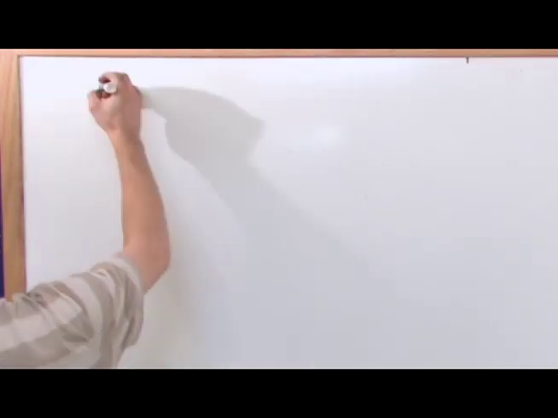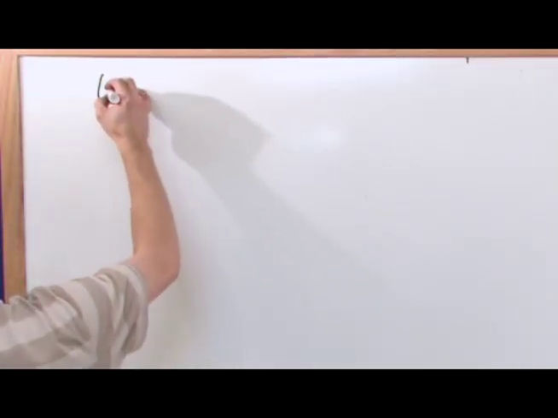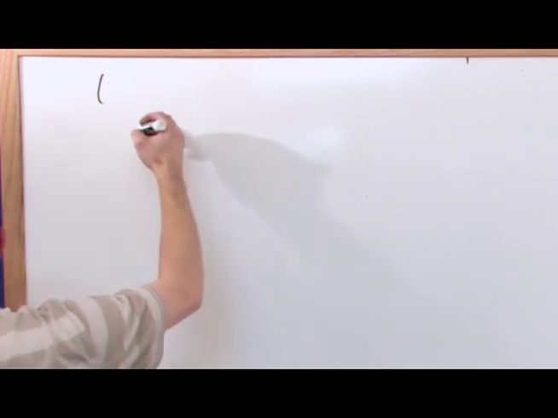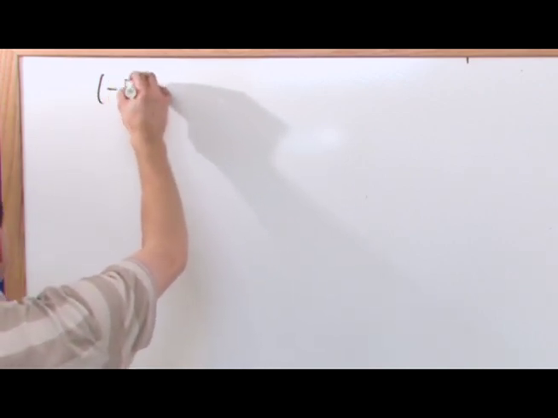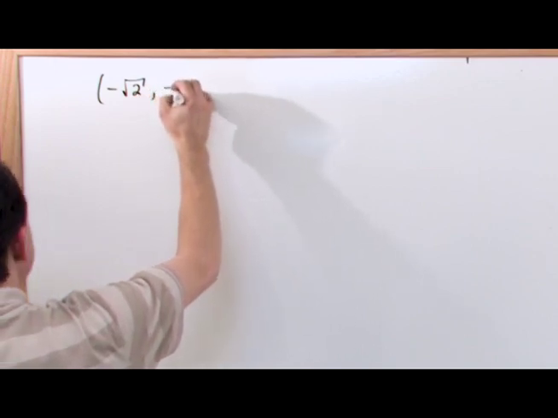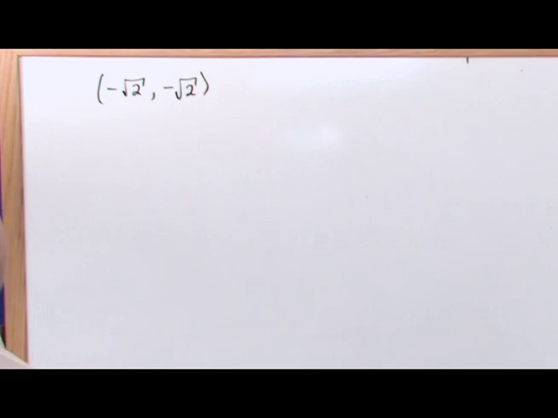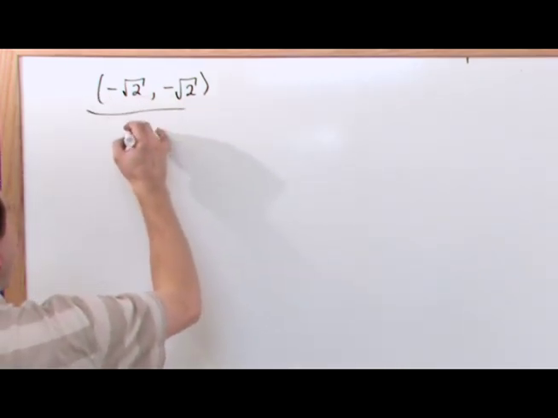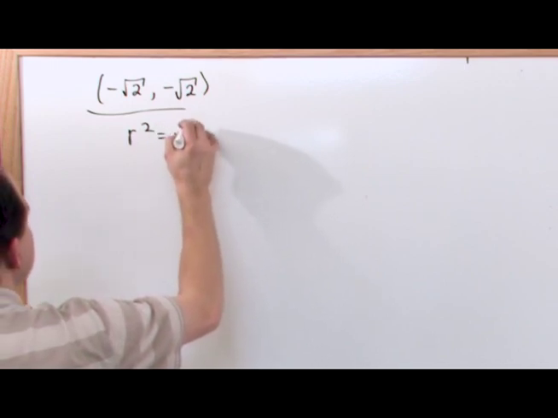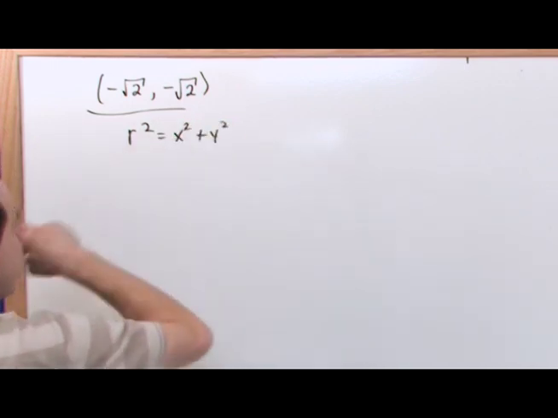Okay, now the final problem is, what if I give you a rectangular point, negative square root of 2, comma, negative square root of 2. This is rectangular, x comma y, and I want to find the polar representation. Well, the first thing you do is try to find r. So r squared is equal to x squared plus y squared. That's just the distance formula.